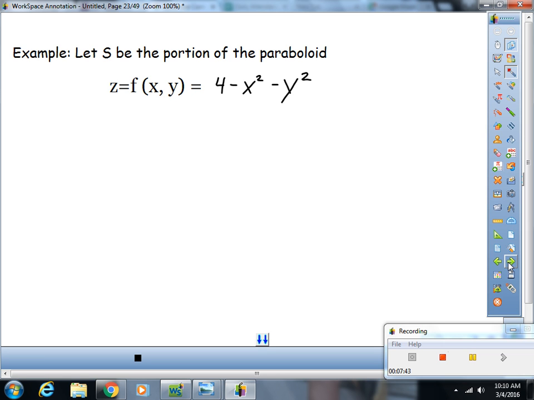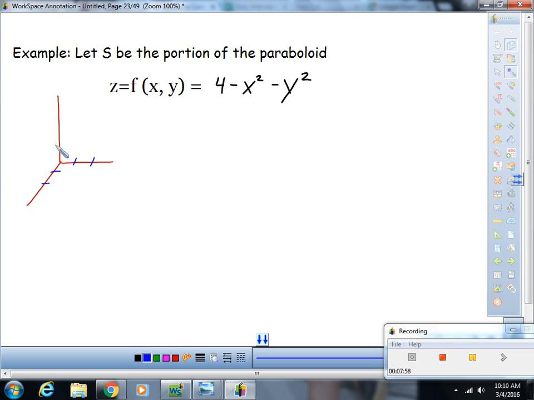So, this is our surface. Hopefully you remember what a paraboloid looks like. This particular paraboloid is going to have a radius of 2, and it's going to have a z-intercept of 4. Okay?